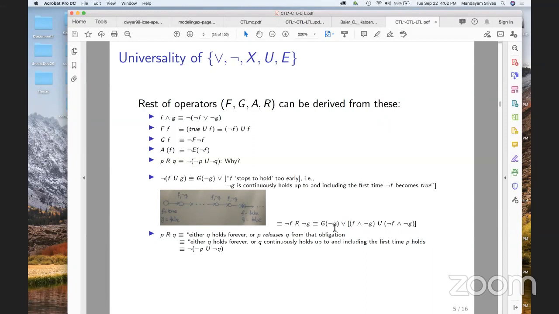If you do that, you can see that this can cause an explosion in the size of the formula. That's why, if you have the release operator included, then you can express the negation of the path formula that has U at the top level in terms of R. So that is the universality of the thing.